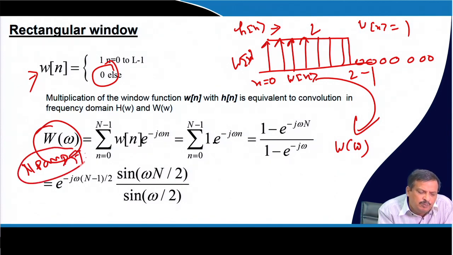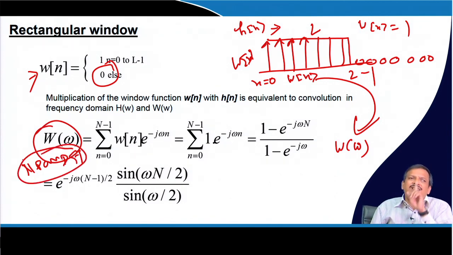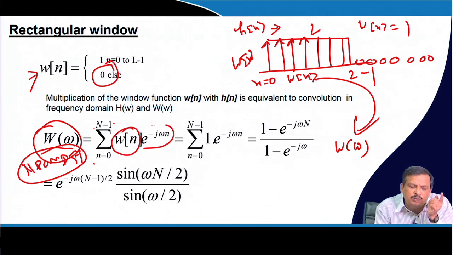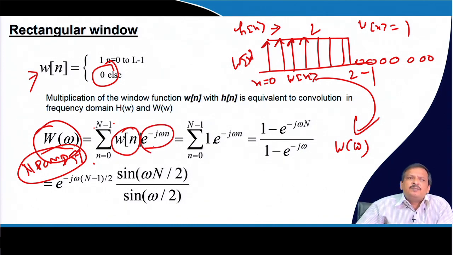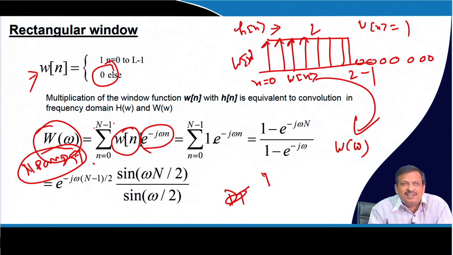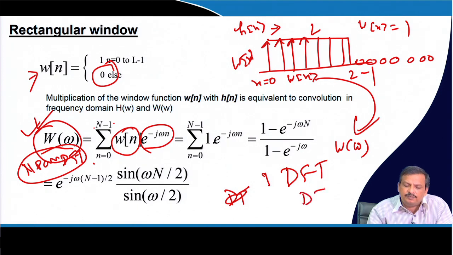So, summation for n equal to 0 to N minus 1 of w of n e to the power minus j omega n. This is called the Fourier transform, but the signal is discrete and in the frequency domain it is not discrete. So, it is not DFT, it is DTFT.